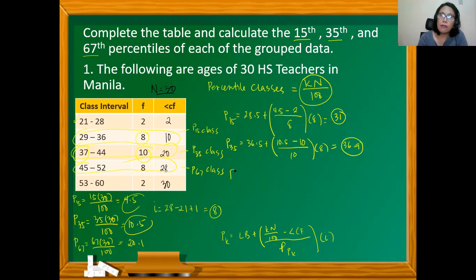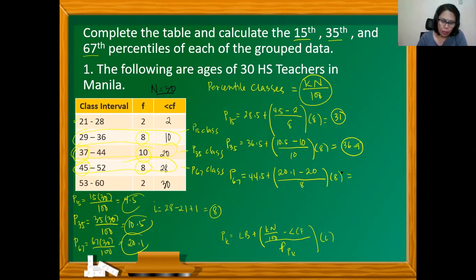And then lastly, for P sub 67, the lower boundary is the lower limit less 0.5. So we have 44.5 here. Plus, so this one is equal to 20.1. And then the less than cumulative frequency for P sub 67 class is 28. So prior to this is 20. And then we have the frequency of the P sub 67 class, 8, and then times 8 here.